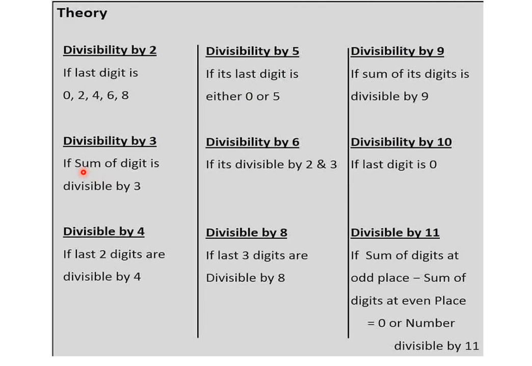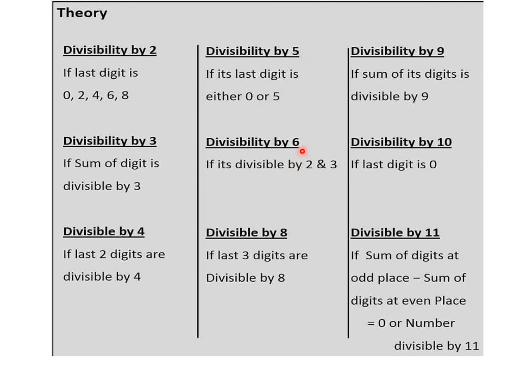For 3, we add the digits of the given number, and if the sum is divisible by 3, the given number is also divisible by 3. For divisibility by 4, the last 2 digits must be divisible by 4, then only the whole number is divisible by 4. For 5, we need only 0 or 5 at the units place.